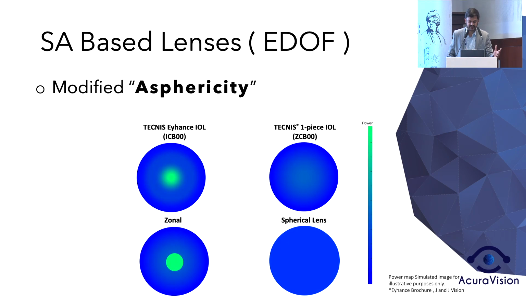If we look at spherical aberration based lenses, which are the current day EDOFs and their power maps, we see that a spherical lens has the same power, while if we look at a negative aspheric lens, you will get a slightly lesser power in the center, or you can say more power in the center. And if we look at something which has modified asphericity to a large extent, that becomes somewhat like a zonal refractive lens, but with a large blending zone.